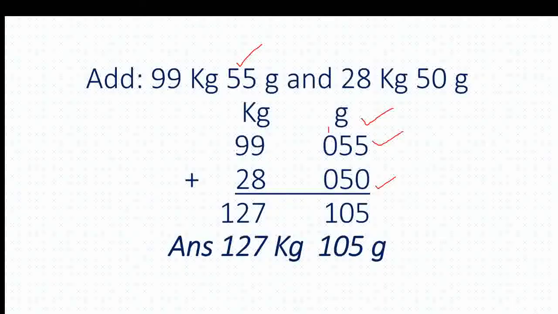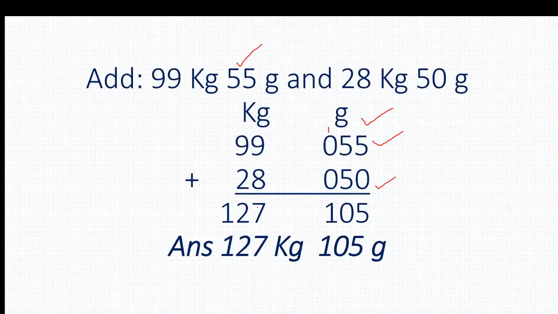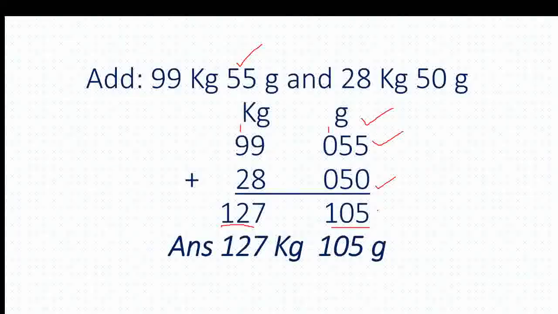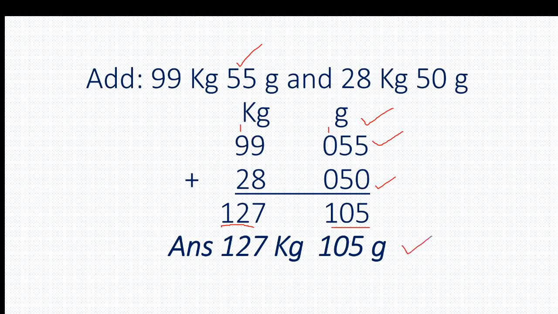Now moving to the kg column, 9 plus 8 equals 17, 7 I have written over here, and 10 kg means 1 will be added to the next column, so 1 plus 9 plus 2 equals 12. So I have written 127 kg 105 gram. Here you can see 127 is under the kg column and 105 under the gram column, so our answer is 127 kg 105 gram.